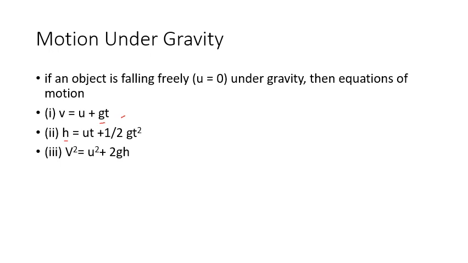So h equal to ut plus half gt squared. And the third equation, v squared equal to u squared plus 2gh. So these are the three equations for an object falling freely under gravity, where we consider a as g. Simple, right?